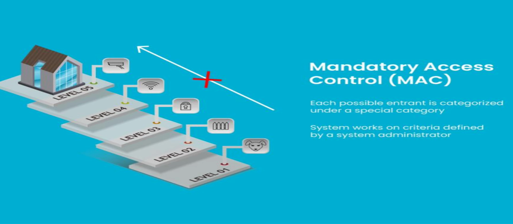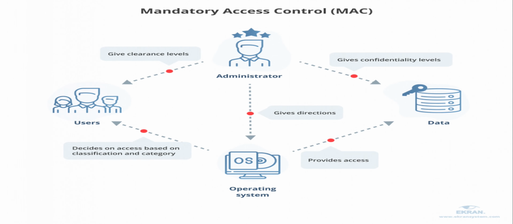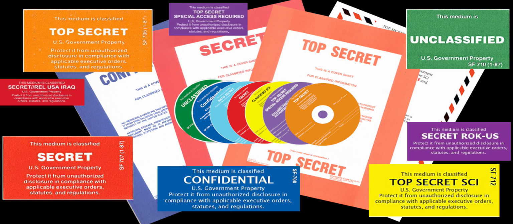The final type of access control is mandatory access control, or MAC. This is a security model in which access rights are regulated by a central authority based on multiple levels of security. The easiest example is the US government or military. Classifications are given such as top secret, secret, and unclassified.